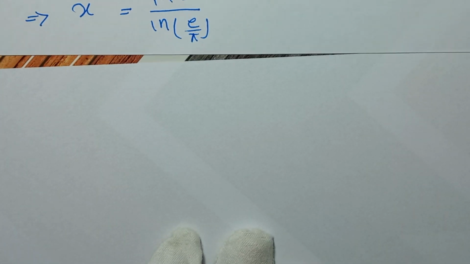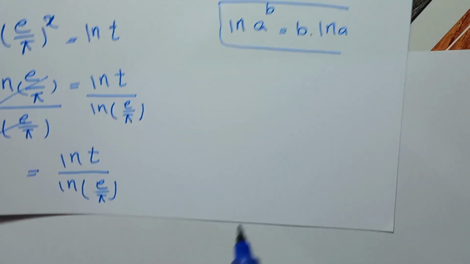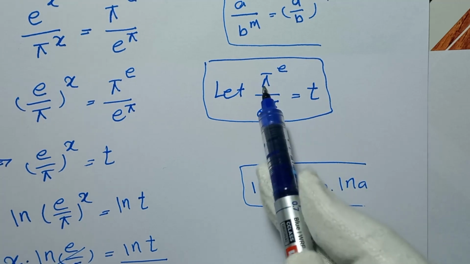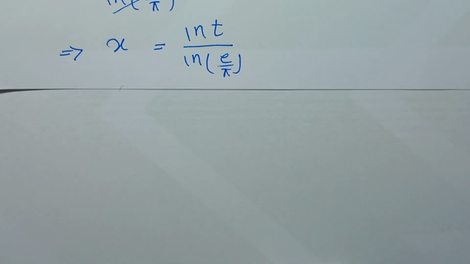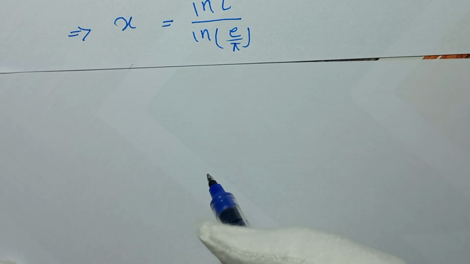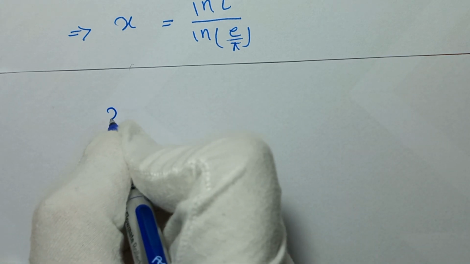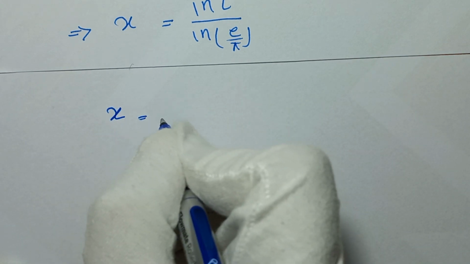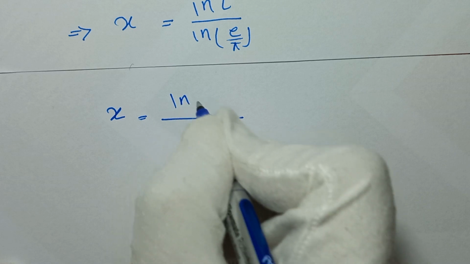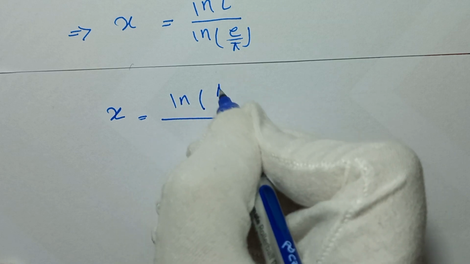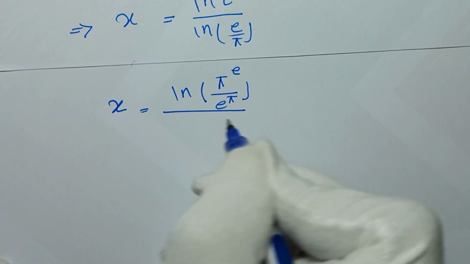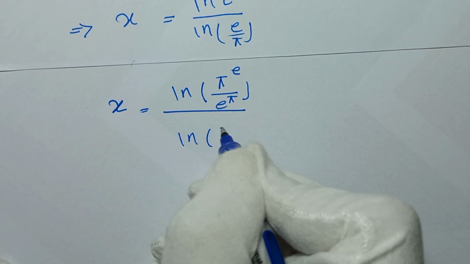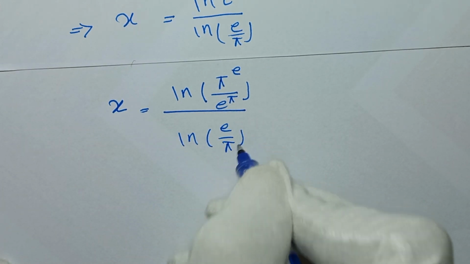And in the next step, we recall that t equals pi to the power of e over e to the power of pi. So we write in here x equals ln of t, and t is pi to the power of e over e to the power of pi, over ln of e over pi.